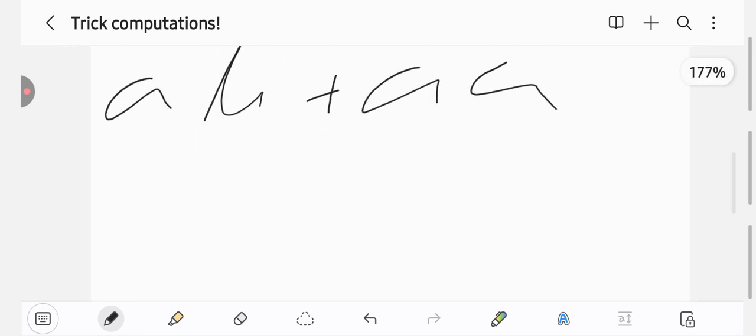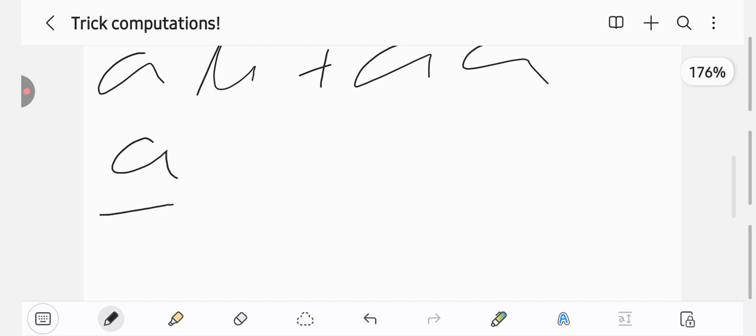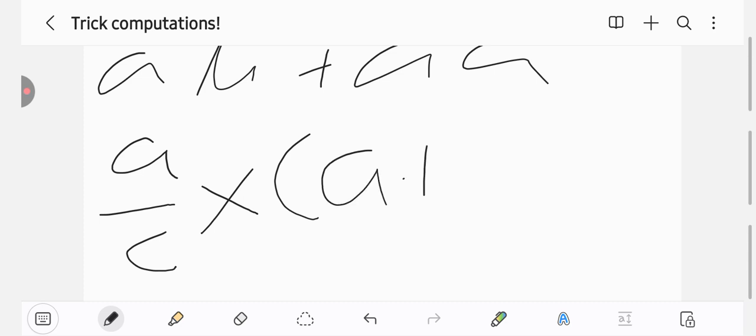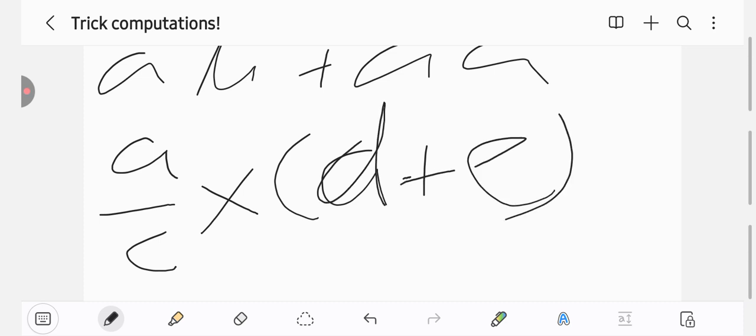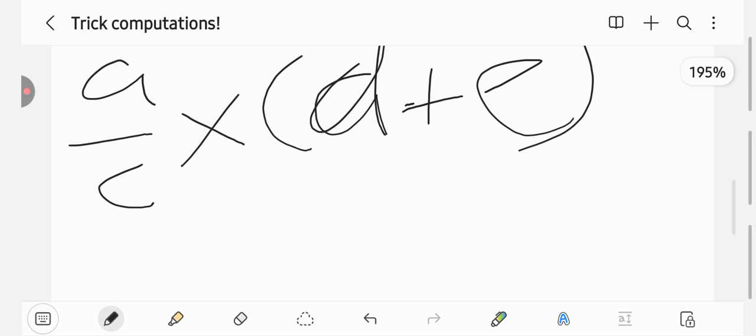But when you have a by c times (d plus e), now what does it mean? How does it distribute? d plus e can't be added a by c times.